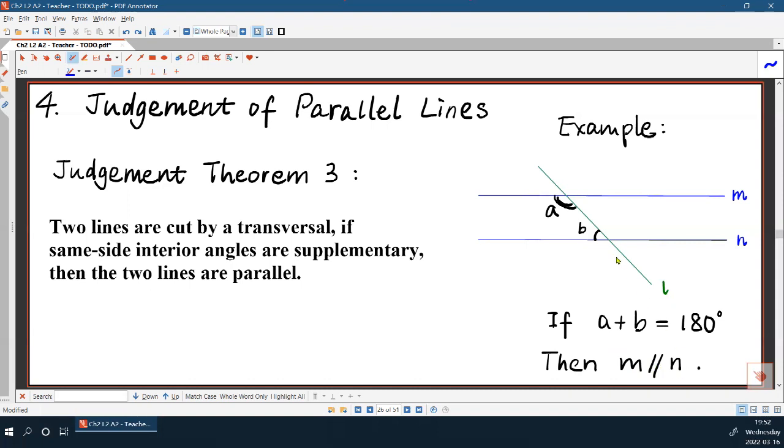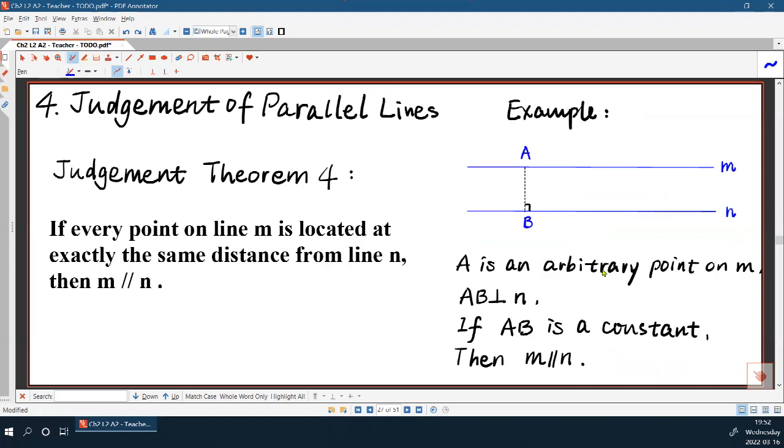Any questions? Okay, then the fourth judgment theorem states that if every point on line M is located at exactly the same distance from line N, then we can say M is parallel to line N, as shown in this graph.